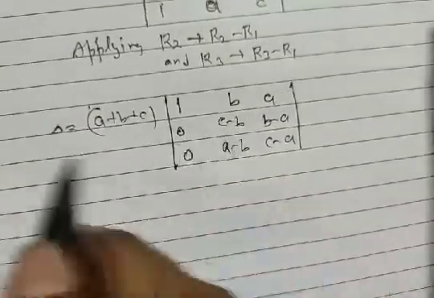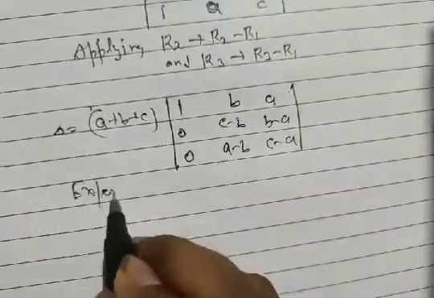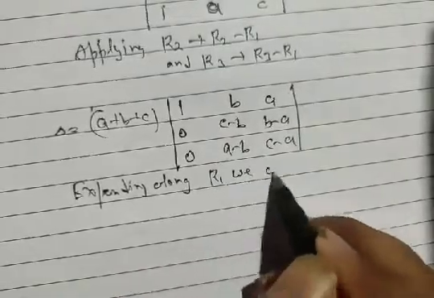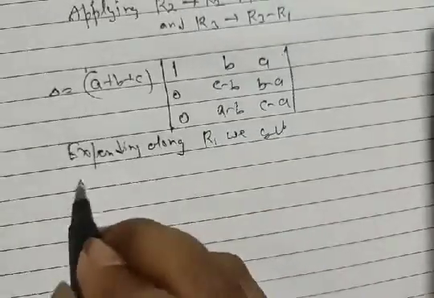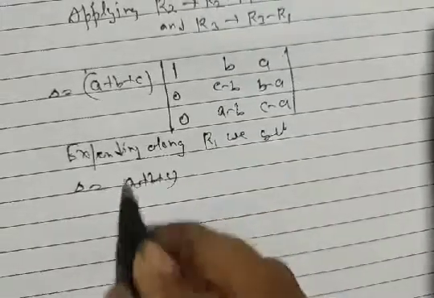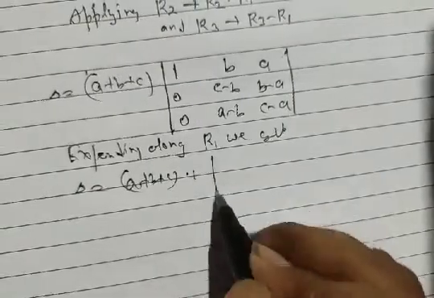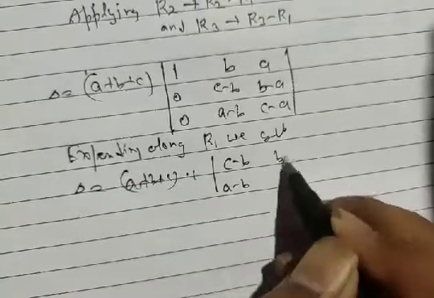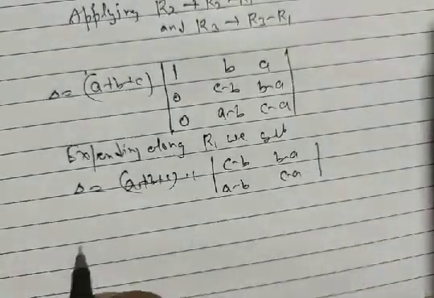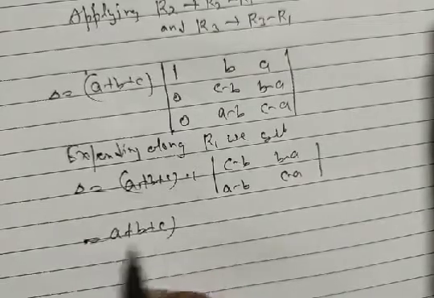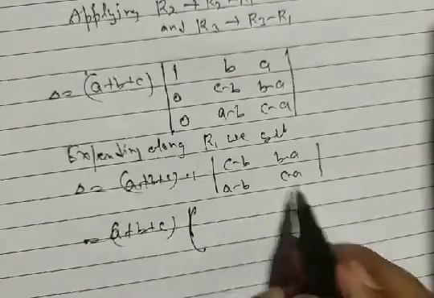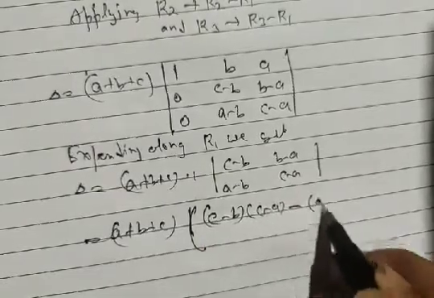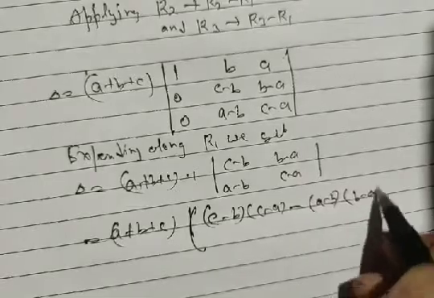Two of them are 0, so we expand along r1. Then delta is equal to a plus b plus c into 1, times the determinant with rows c minus b, b minus a; a minus b, c minus a.